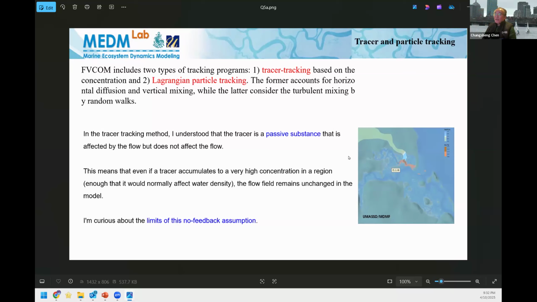But a tracer doesn't have dynamics related to the momentum equation. For example, if you have high temperature and low temperature, you can cause gradients, you can change the density, you can change the water mass, heavy and light.